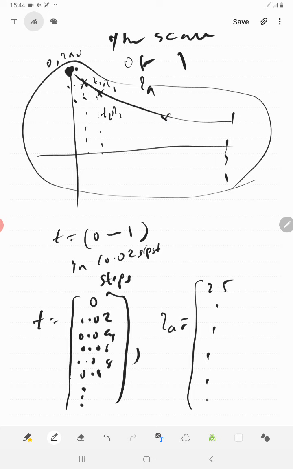At any point here, calculate what is Tn, what is IA at time n, okay? You have enough points, let's say 50, okay?